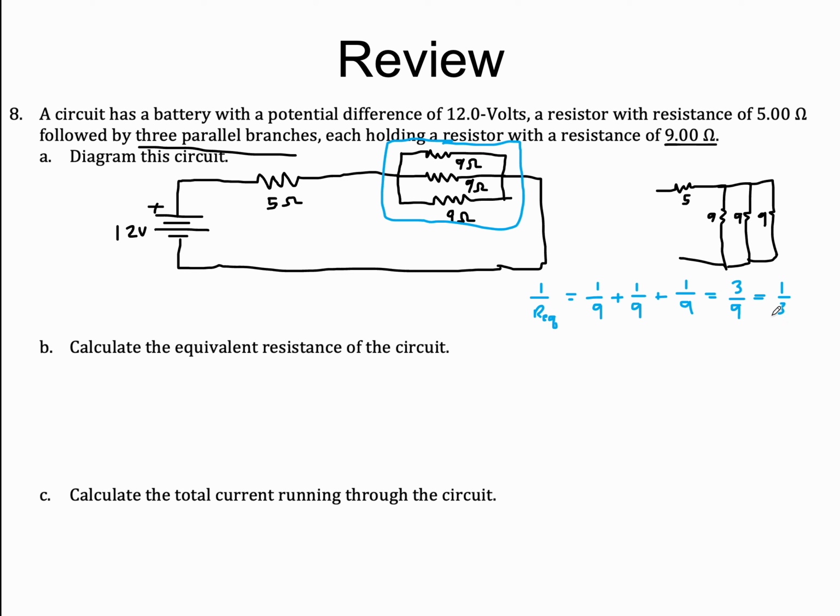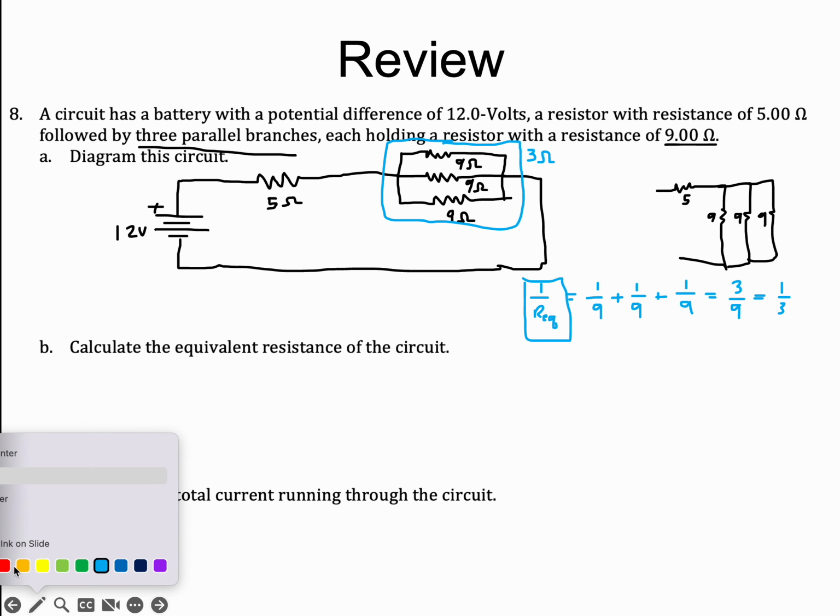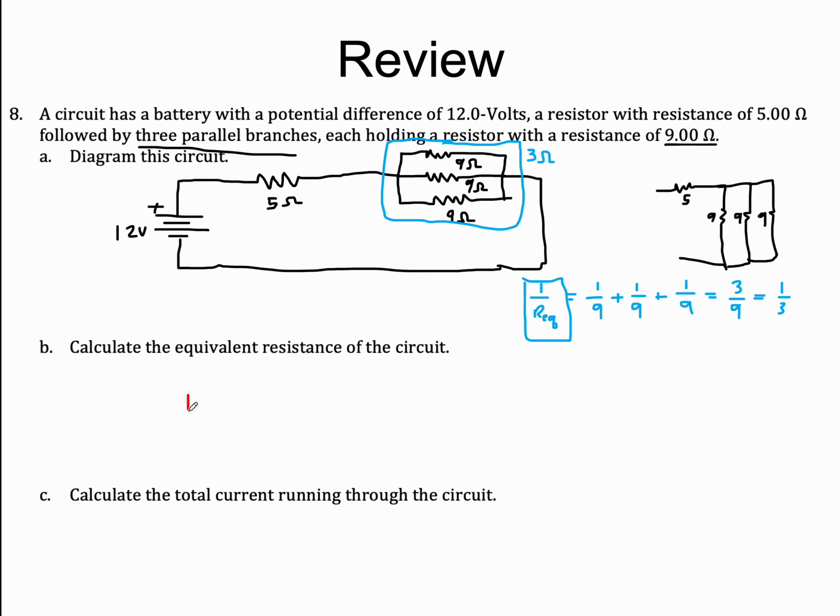And since that's equal to 1 over the total resistance, taking the reciprocal of 1/3 means this whole thing is 3 ohms. So then what's our total resistance for B? The total then, for things in series, you can just add them up. Did you get an answer for B?